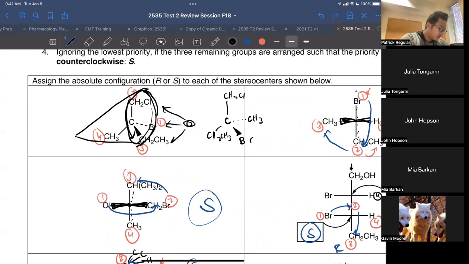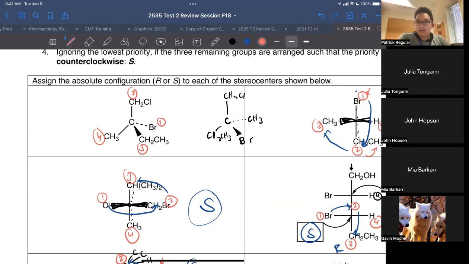That's what we would see if we were looking at it as a cone this way. Our fourth priority group is not on a wedge, so we don't have to reverse it. Okay, thank you.